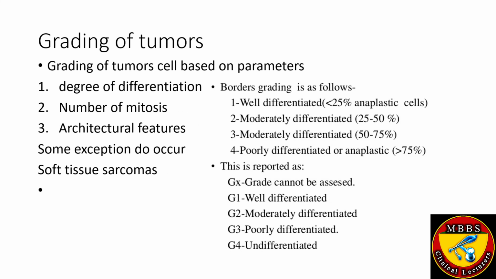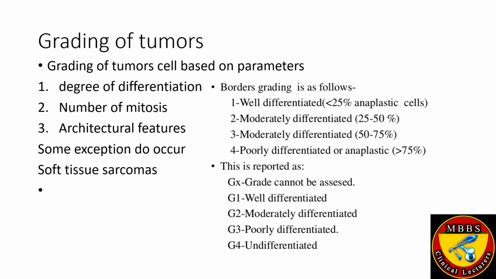Grading of the tumor basically comes from the histological report. The grading of the tumor is usually done in the histo lab by the histopathologist, and there are some parameters on which we label the tumors as well-differentiated, moderately differentiated, or poorly differentiated.